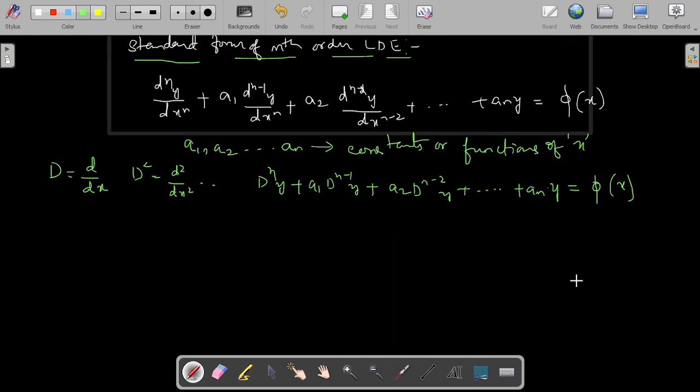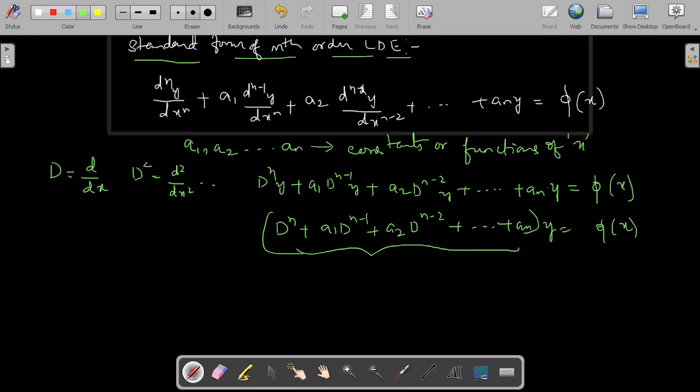So when you take y common, you will get D^n plus a1 D^(n-1) plus a2 D^(n-2) plus so on up to an, into y, equal to phi of x, because y is common in every term.